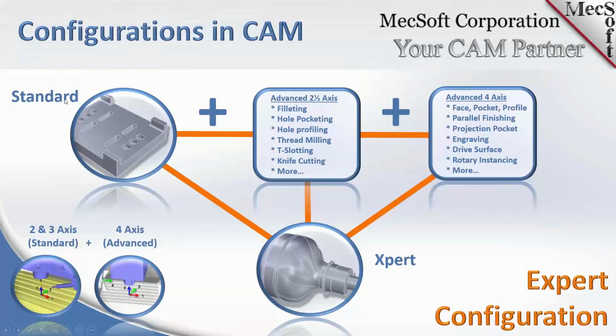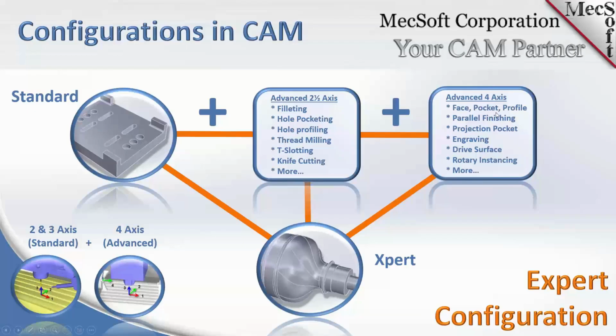Again, we're starting in standard. We're going to add to that the Expert, which gives you all of the advanced 2-axis in the standard, and you also get T-slotting and knife cutting and some more. And then over to the advanced 4-axis operation types, in the Expert you get all of our 4-axis features, all of the toolpath features, and all of the other auxiliary or utility features in 4-axis.